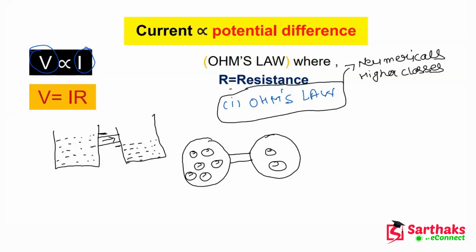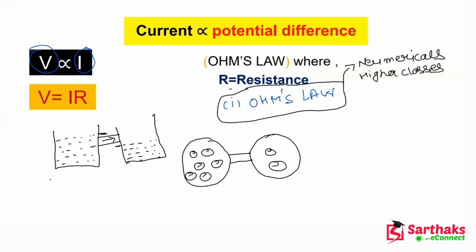The charges would flow towards the lower level of density from the higher level of density. It will keep moving until the level of charges is the same in both metals, just like water.